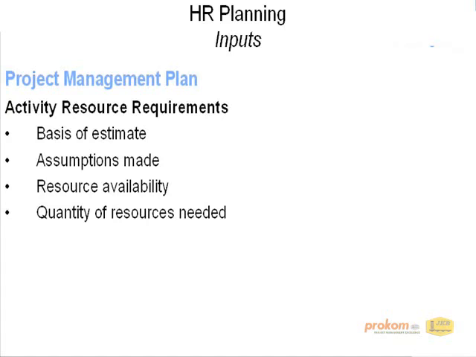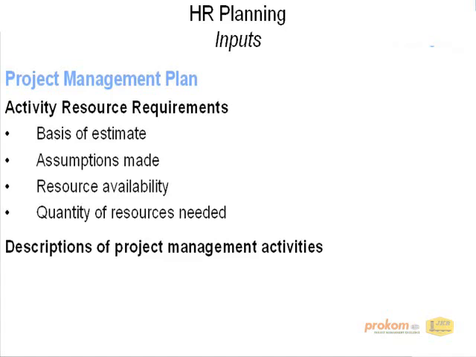In this process, the activity resource requirements are further refined. And also utilized from within the project management plan are descriptions of the project management activities, which will help in identifying the required roles and responsibilities.